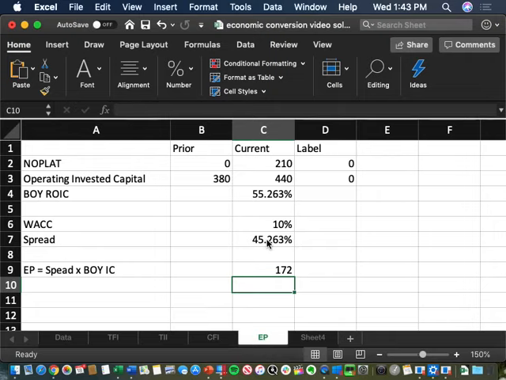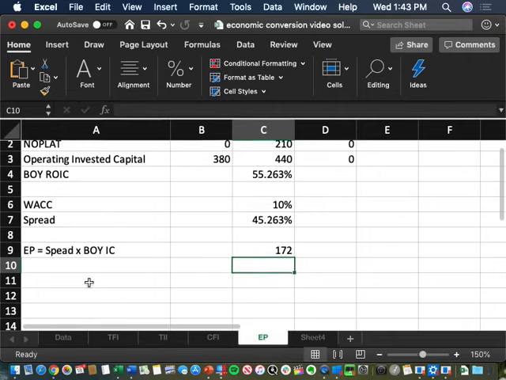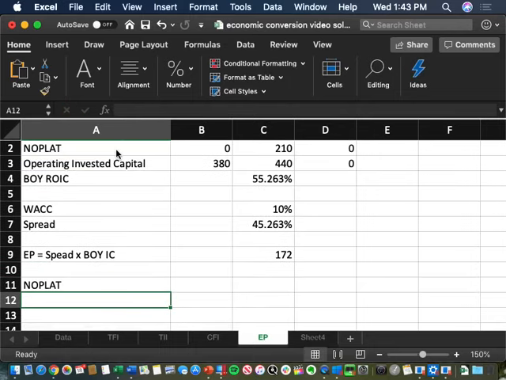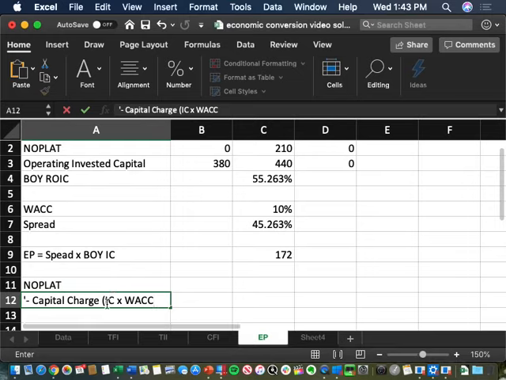Method number 2. If I take my dollars of NOPLAT and I subtract a capital charge, which is the invested capital times the WACC. Matter of fact, it's going to be the beginning of year invested capital times the WACC.